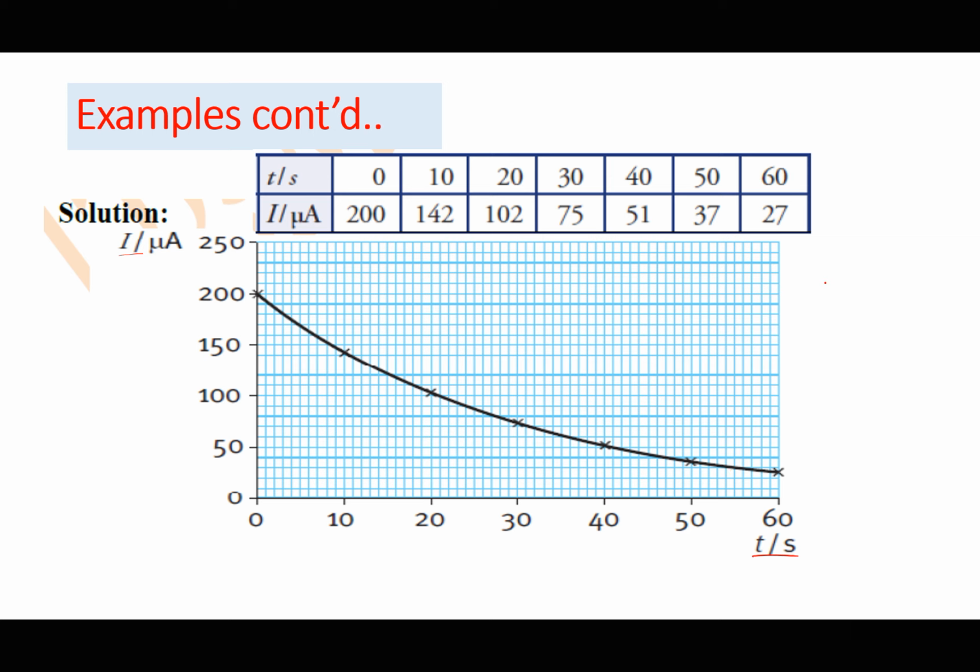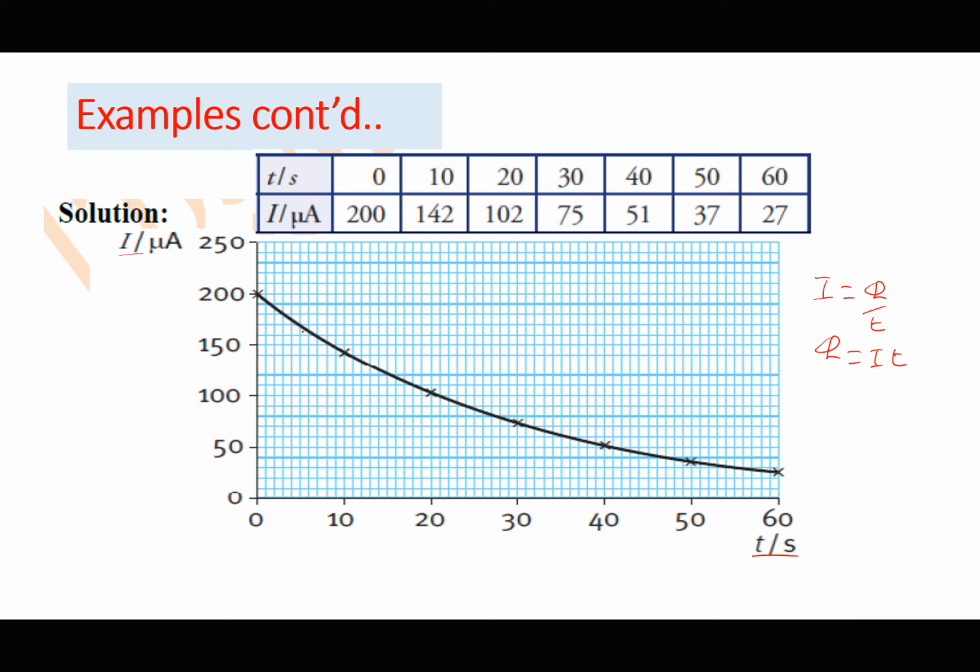We know that current is equal to Q over T, and Q is equal to I times T. And we know that I times T would be equivalent to the area under the graph.